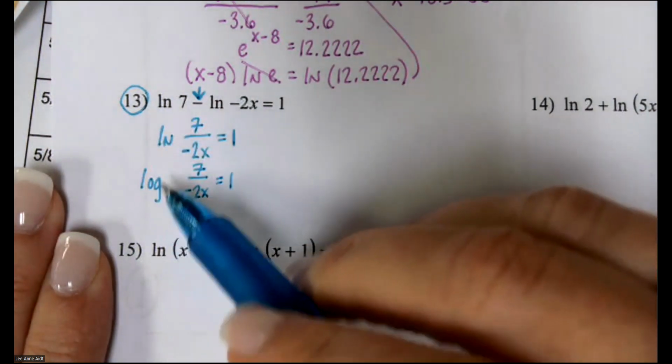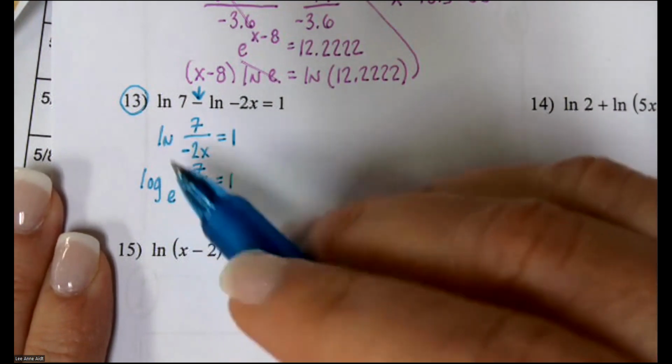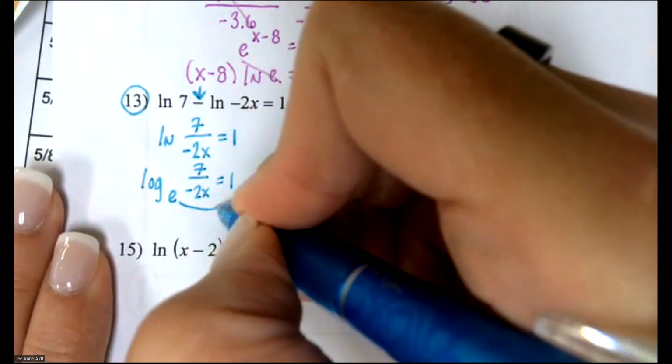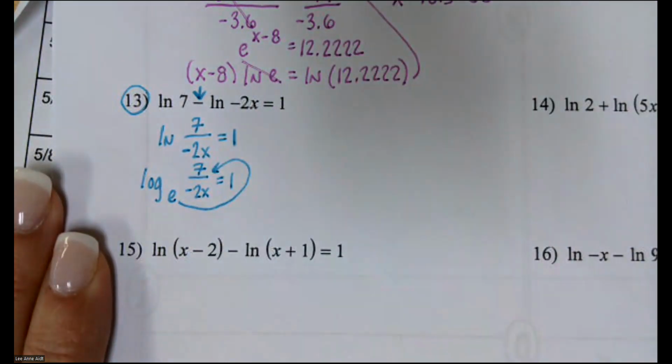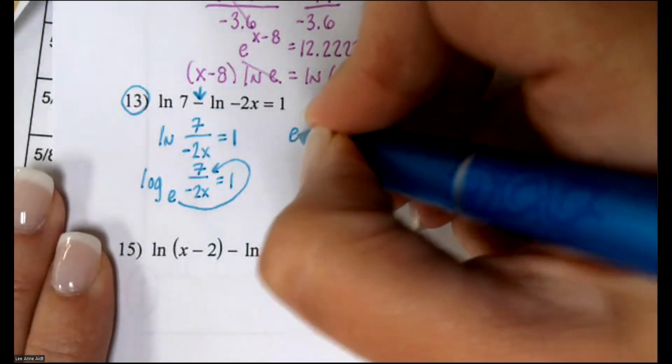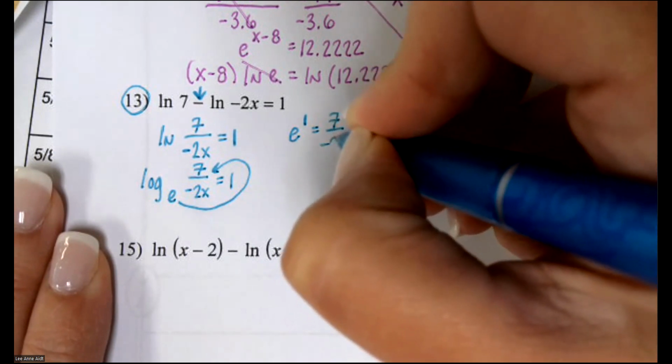These are equal. Log base e is natural log. But the reason I changed it is so that I would have a start for my Guinan circle. So e to the 1 equals 7 over negative 2x.